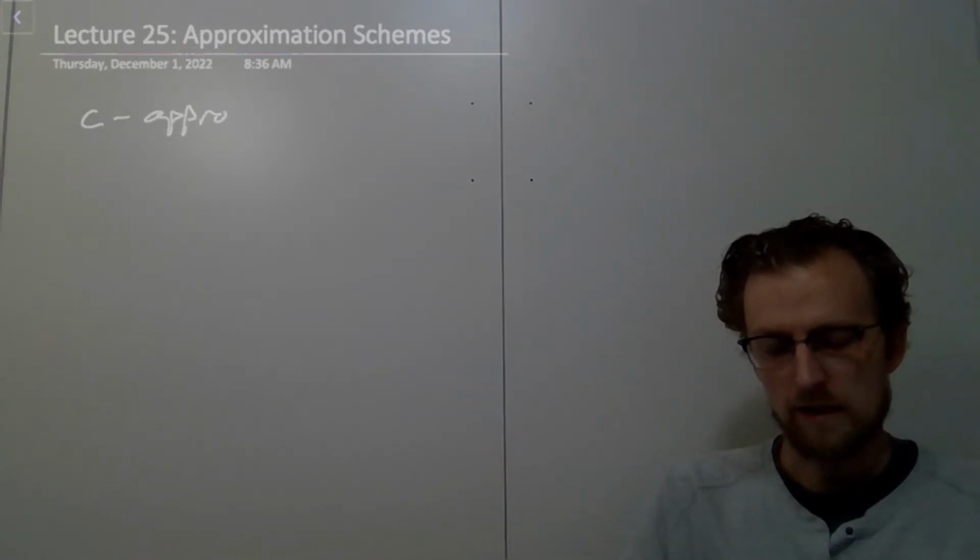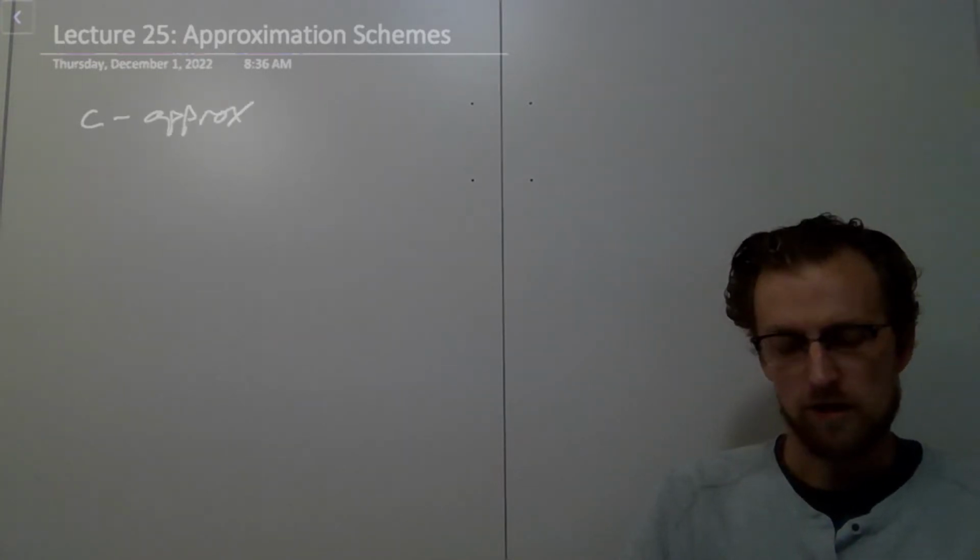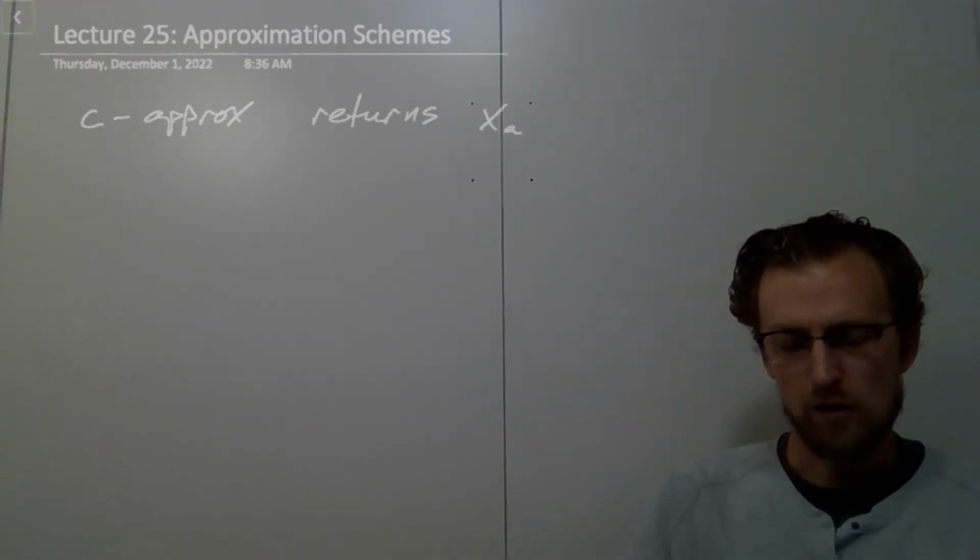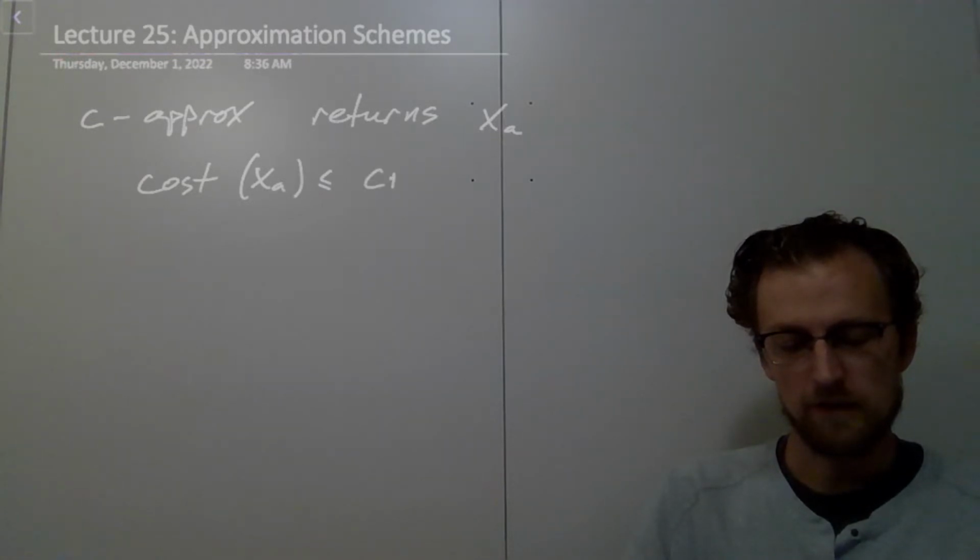So I say a C approximation is an algorithm that always returns a solution XA whose cost is less than or equal to C times the cost of an optimal solution.